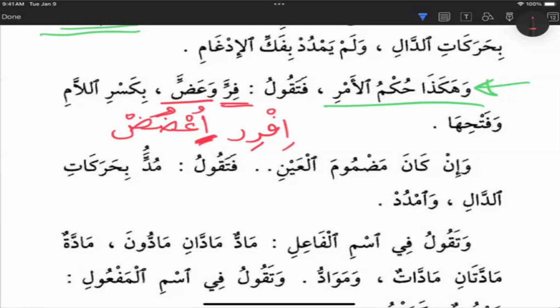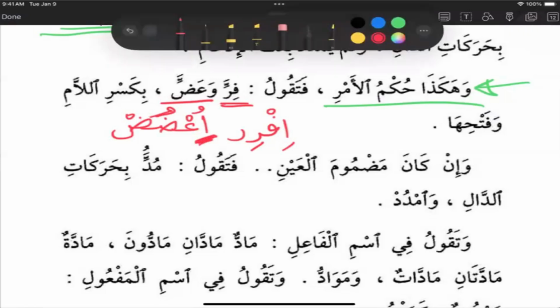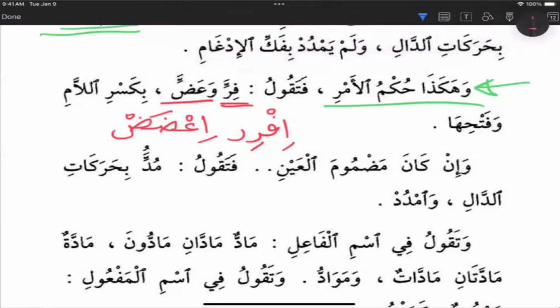It's my lack of knowledge that made me doubt. When one's knowledge is firm, then la yushakikuhu mushakkik. One has a firm knowledge, then no one who causes doubt can cause doubt for him.